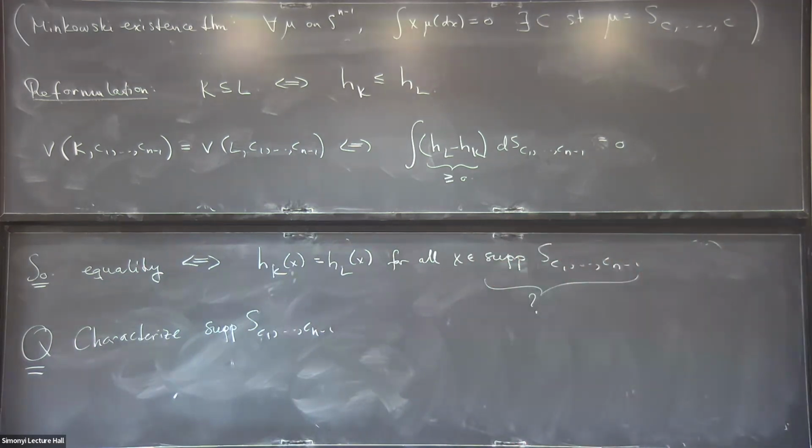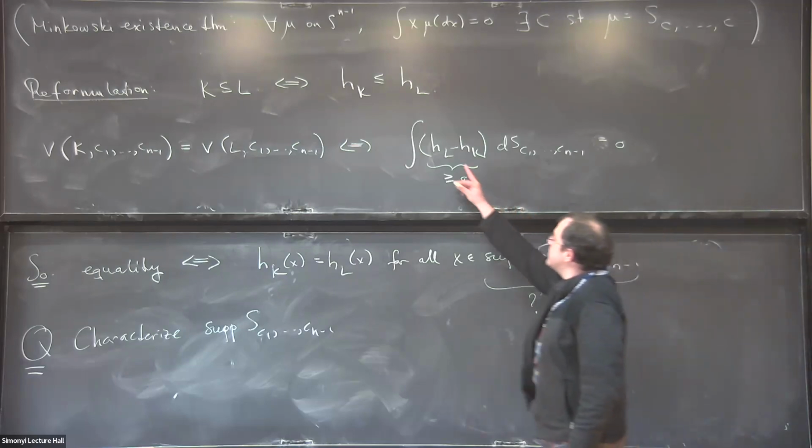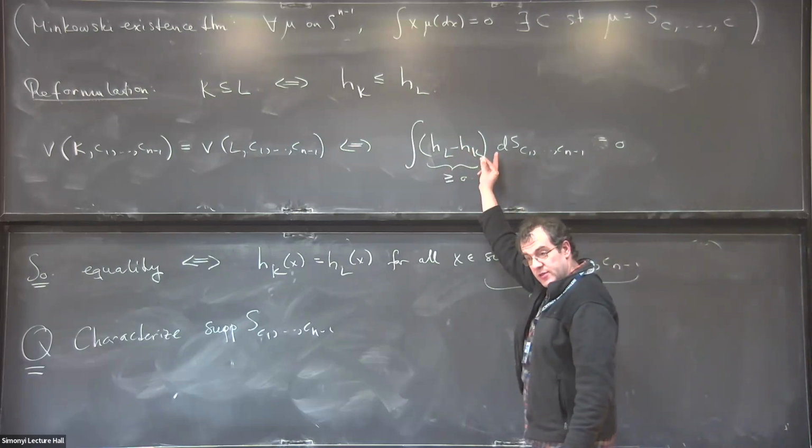I'm still worried about the fact that we are living in a cone. So when is HK at the boundary of this cone? But we are interested in the space of differences of support functions. Yes, but they don't live in a cone.